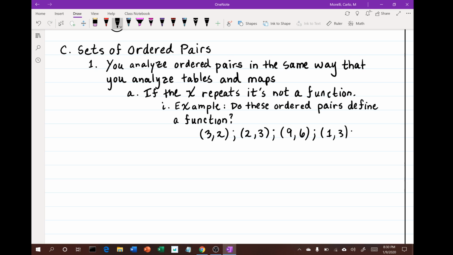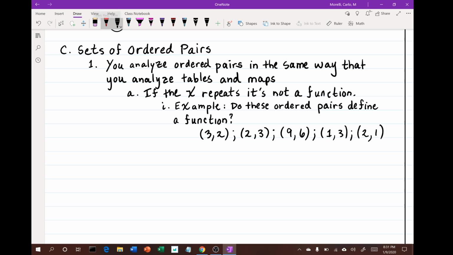Three. Okay, we'll see what they do with that. You know what I should say here?